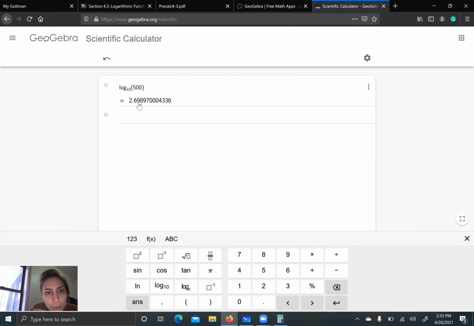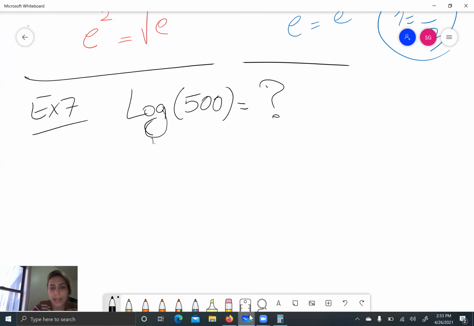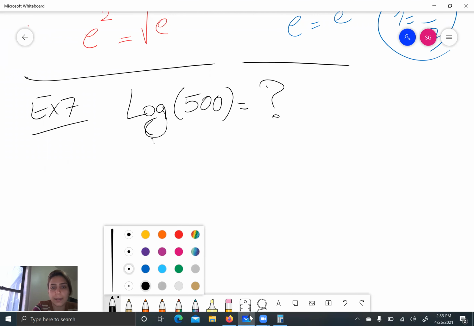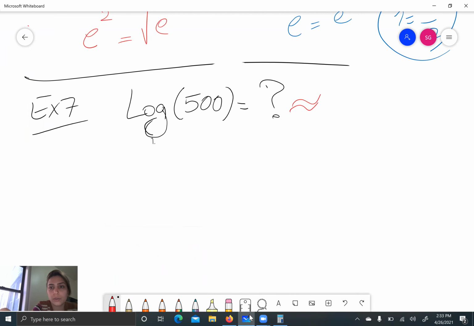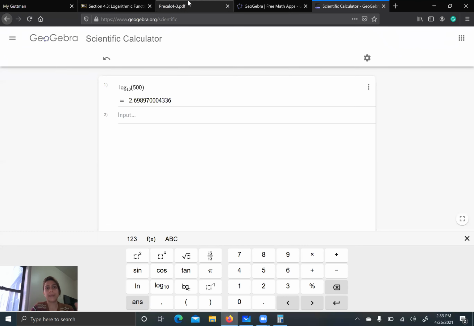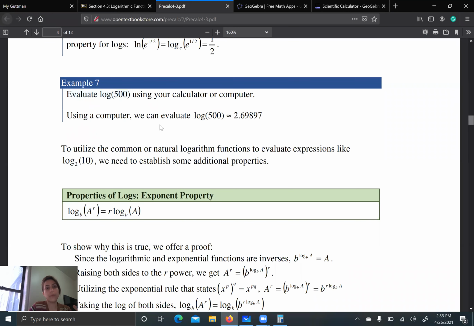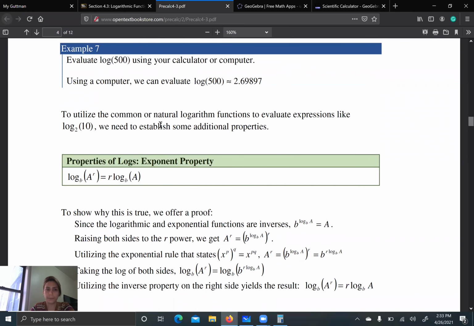So let me round this to 2 decimals. It's going to be 2.6970, so 2.70. So the answer is almost 2.70. Okay, so if it's not something straightforward, then we use the calculator.